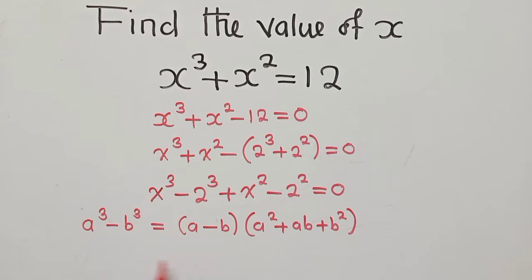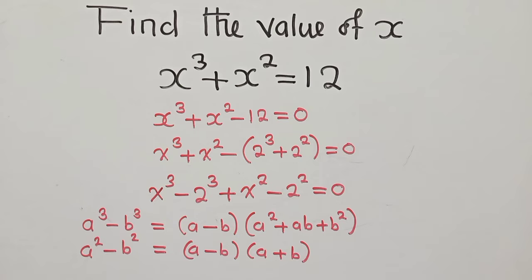This is one of the formulas. The other formula is a power 2 minus b power 2, which will give us a minus b times a plus b. These are the two most important formulas that you need to know.